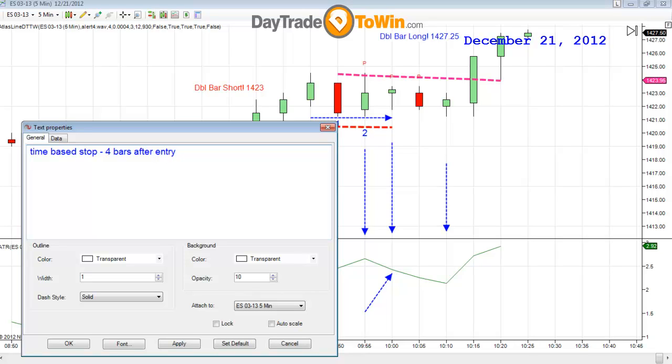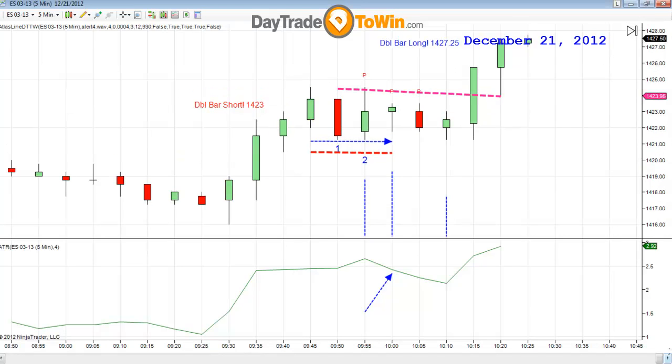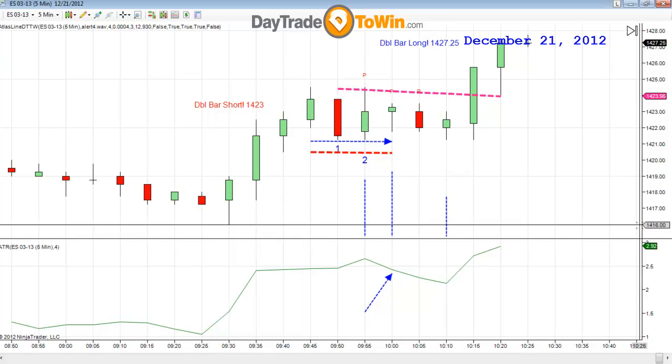I also use what's called a prove it stop. So on top of the time-based stop, I have a prove it stop. A prove it stop tells me if I have some type of proof that the market is not going in my favor, then it's proof that tells me let me get out. So with the Atlas line, I use a closing price in the opposite direction.